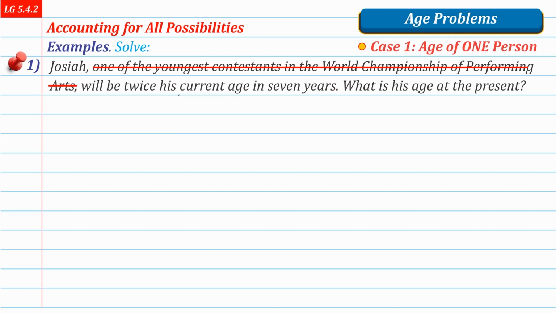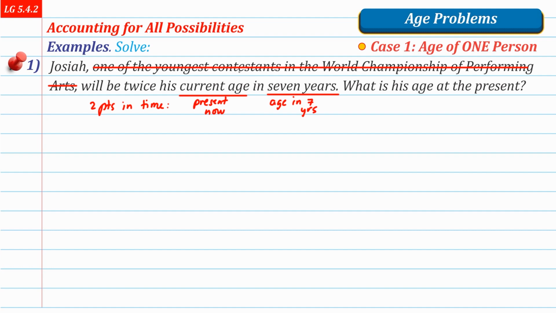Unang-una, understand na meron pong dalawang points in time. Okay? Yung current age niya, yung present age niya, yung age niya now. That's the first point in time. Tama ba? And then meron siyang age in 7 years.